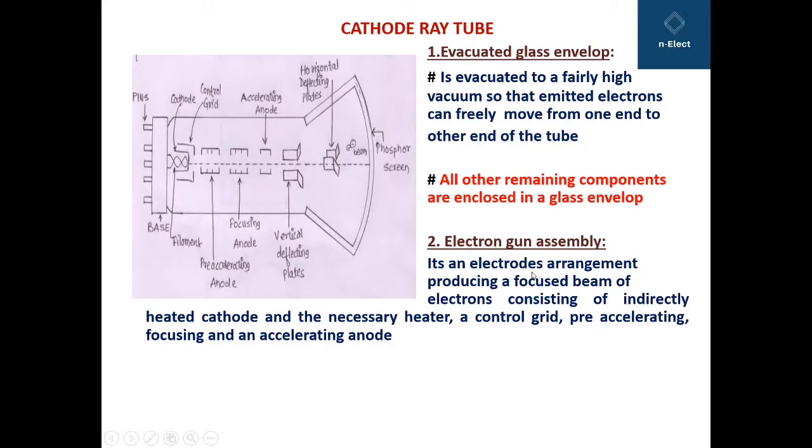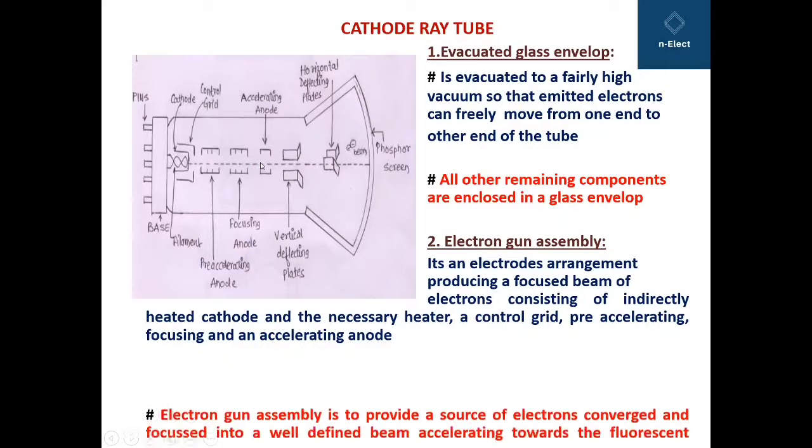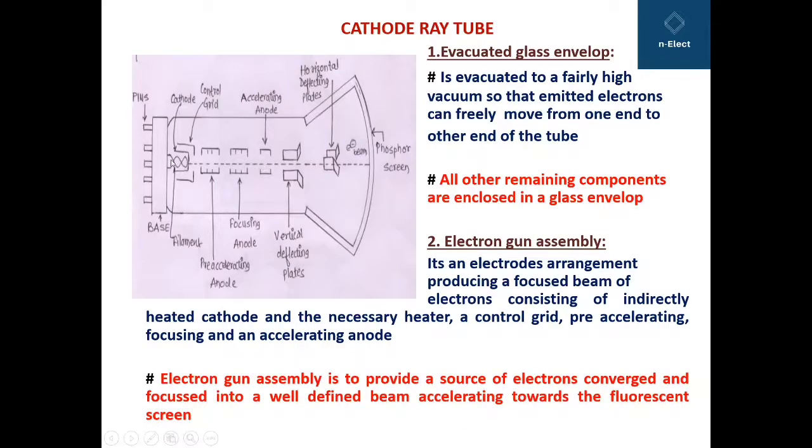It's an electrode arrangement which produces a focused beam of electrons, consisting of an indirectly heated cathode and the necessary heater element, a control grid, and pre-accelerating, focusing, and accelerating anodes. The purpose of the electron gun assembly is to provide a source of electrons converged and focused into a well-defined beam which is accelerating towards the fluorescent screen.